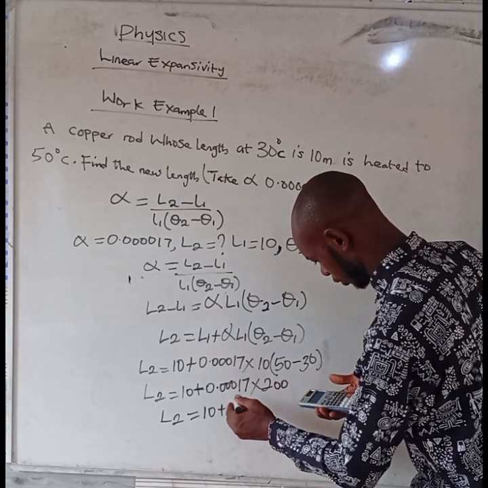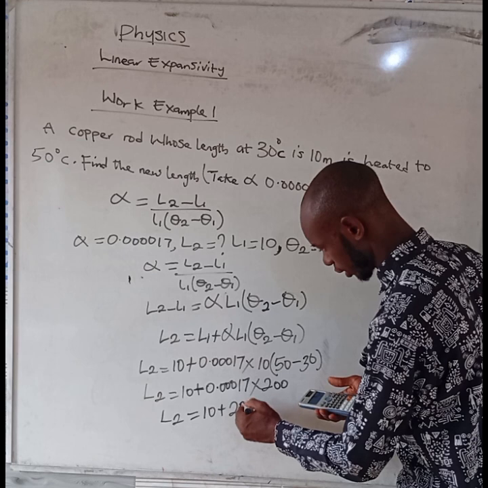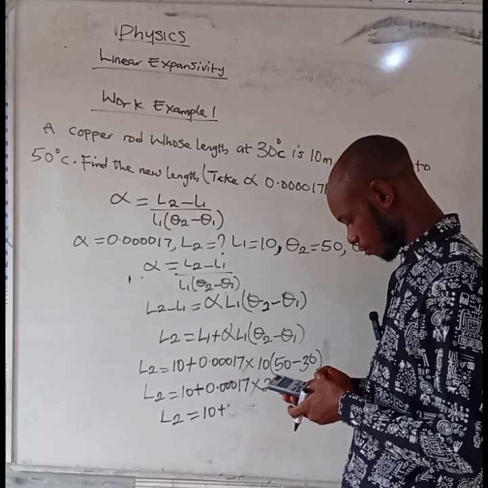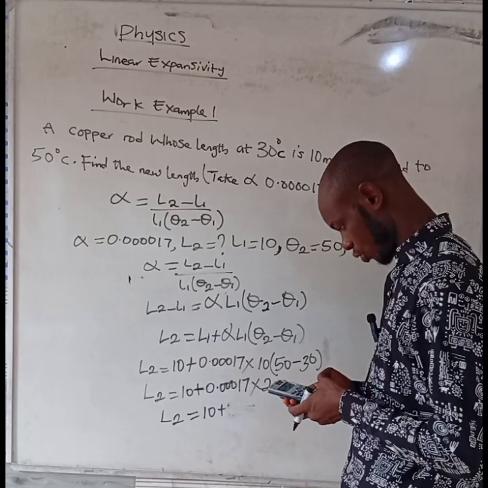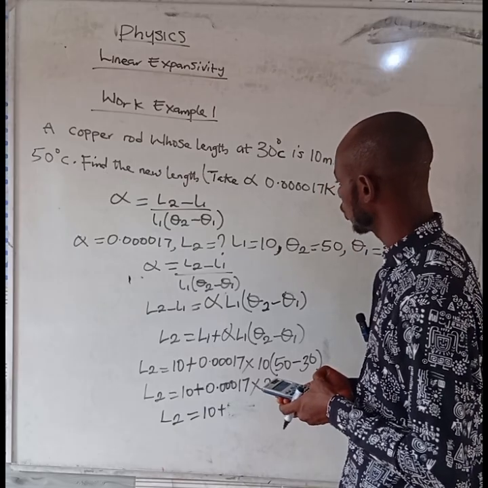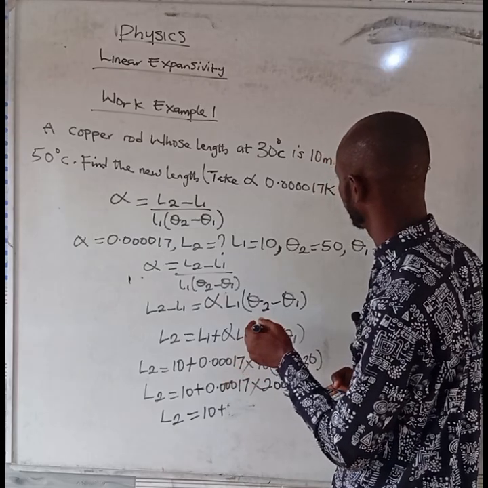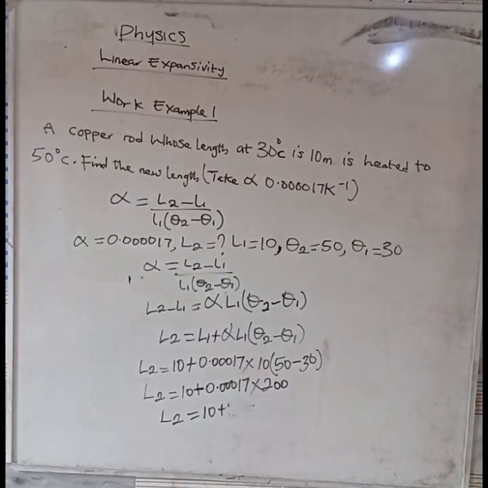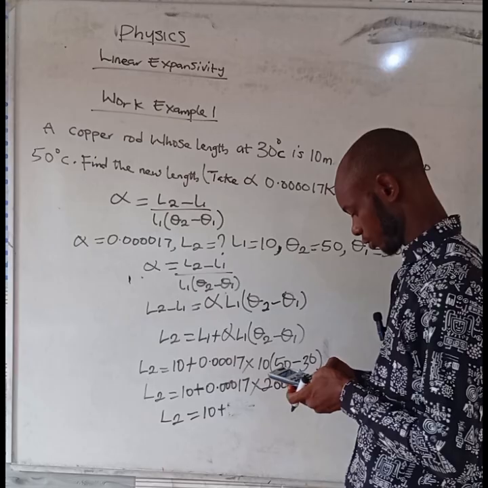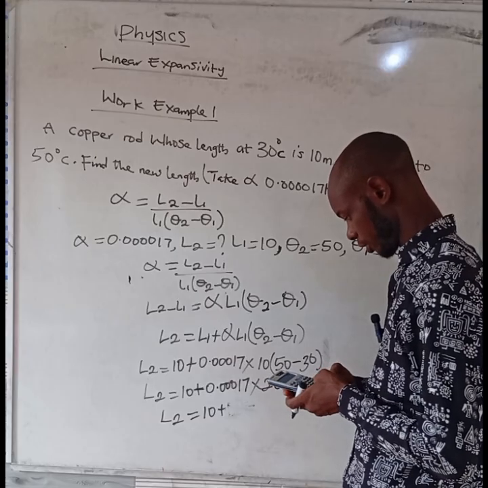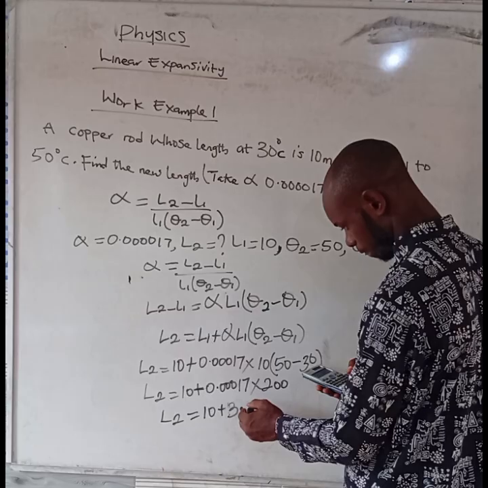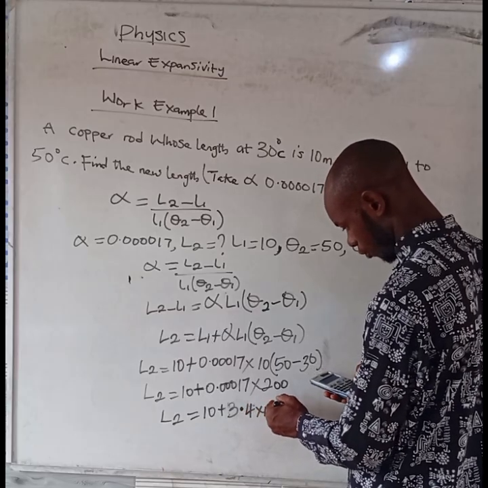That will give me 3.4 times 10 to the power of minus 3.